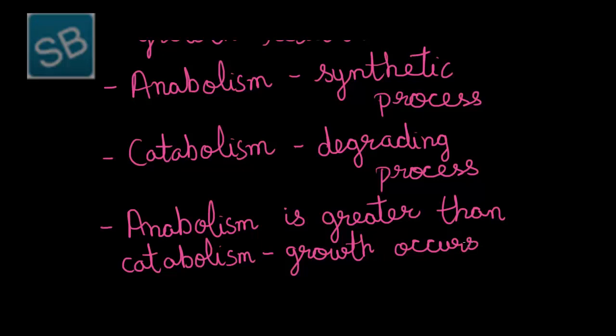And vice versa, if the catabolism is greater than the anabolism, which occurs gradually with increasing age, then degradation of the body occurs, thereby resulting in the death of an organism. Now, after understanding what growth is, let us understand how growth occurs within plants.